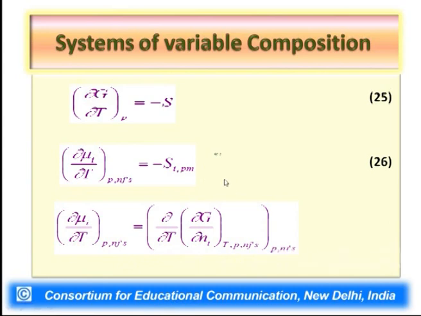It is important to note that the Gibbs free energy of a system is a state function, and according to the Euler reciprocity relationship, when you differentiate a state function with respect to two different variables, the order of differentiation is immaterial. That holds true for state functions. Since Gibbs free energy is a state function, it will hold true here also.